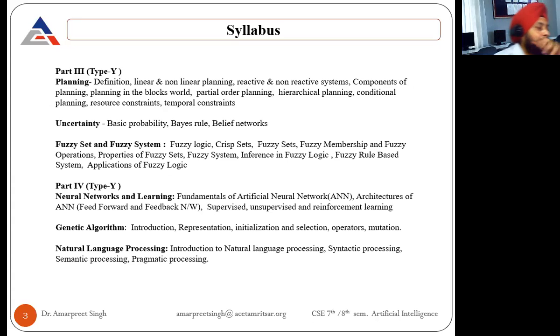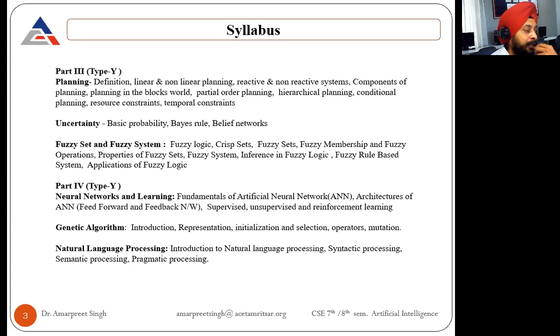Now coming to the last section, or the part 4 of your syllabus. So the different technologies which are being implemented in AI, we will be covering that here also. We start with the first chapter, neural networks and learning. So neural network means the human neural networks.